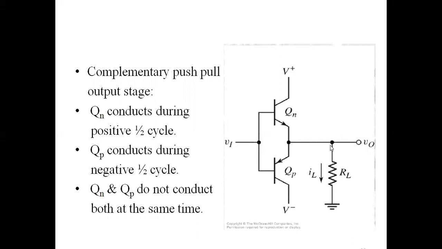Again V0 follows Vi, that is V0 is equal to Vi plus VEB of the PNP transistor. In this case, Qp supplies the load current and Qn will be in cutoff state.